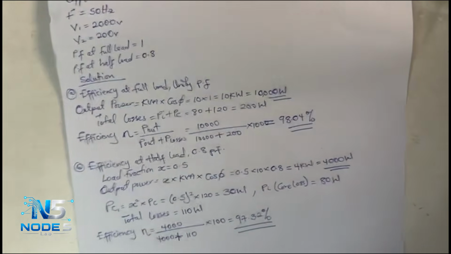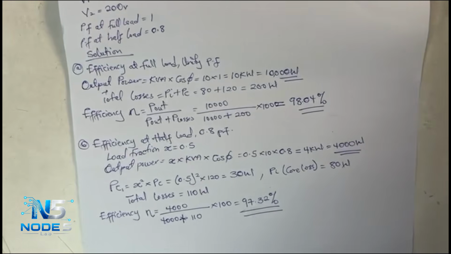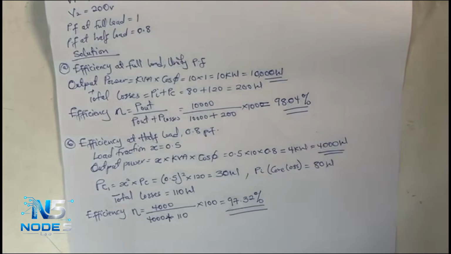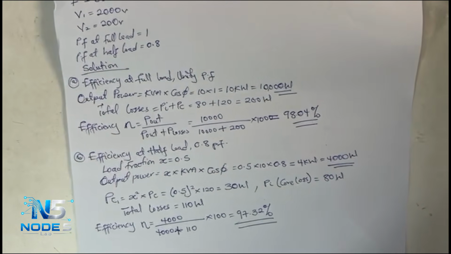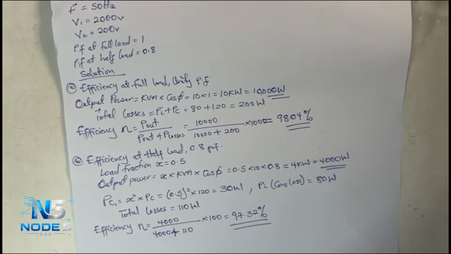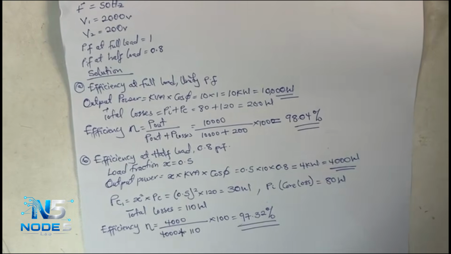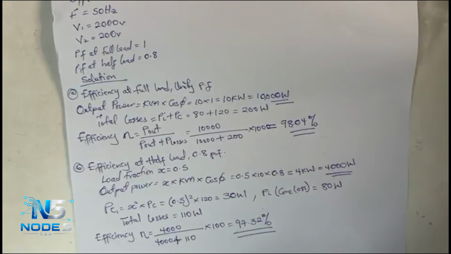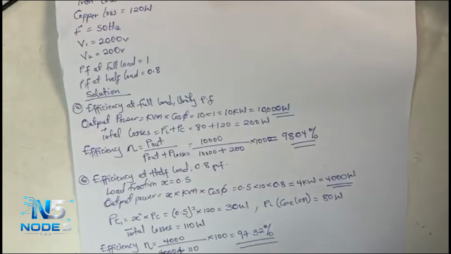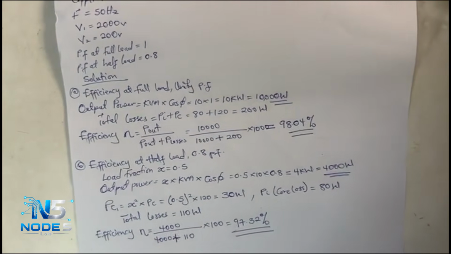You multiply the power by the load fraction, that's 0.5, to get your half load. After that, you multiply it by the power factor if you want to get the output power.